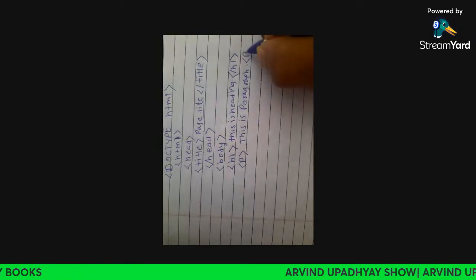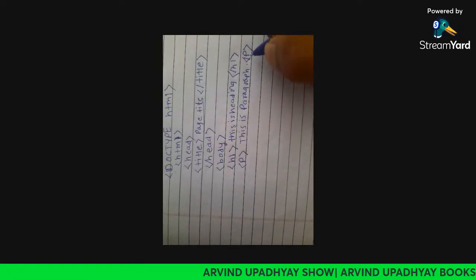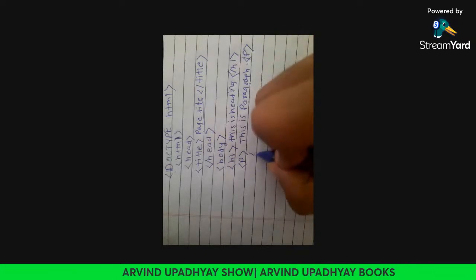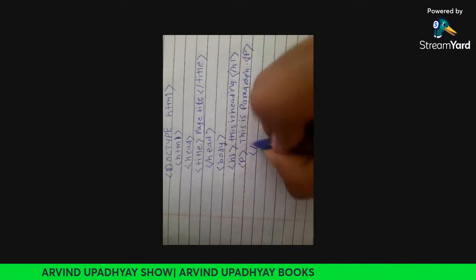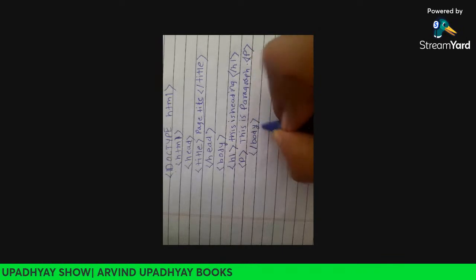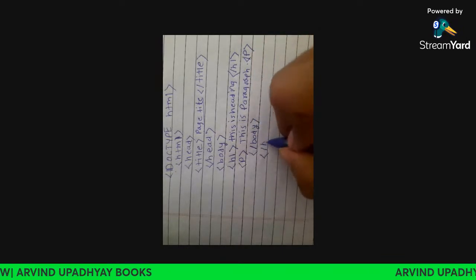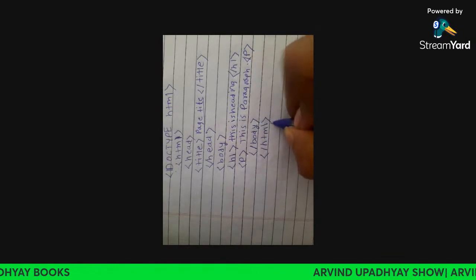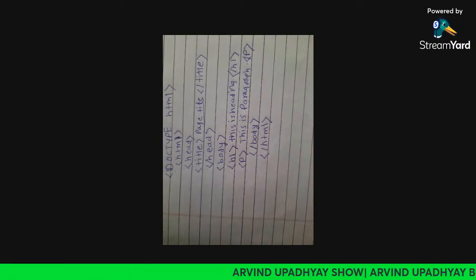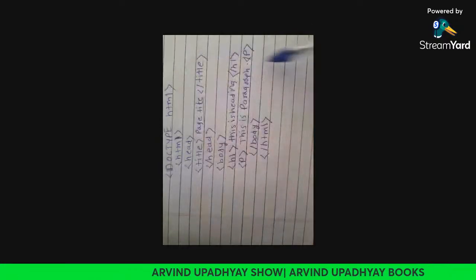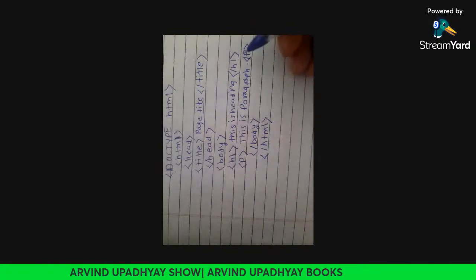Okay, so you can write like that. And in the last you have to write body, and then html. Okay, so this is the code we have written. You can copy it and write it in your notepad.